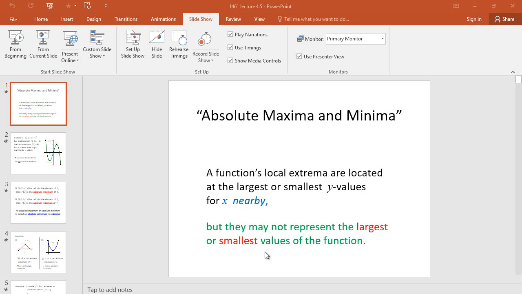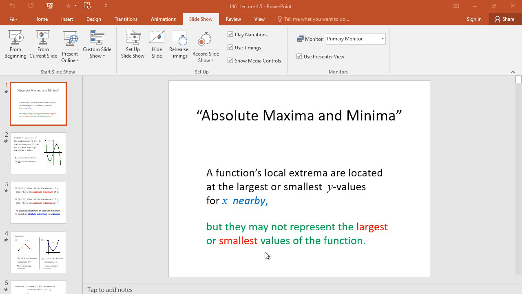The maximum value attained by a function on a specified domain is called the absolute maximum of the function on that domain. On the other hand, the minimum value attained by a function on a specified domain is the absolute minimum value of the function on that domain.